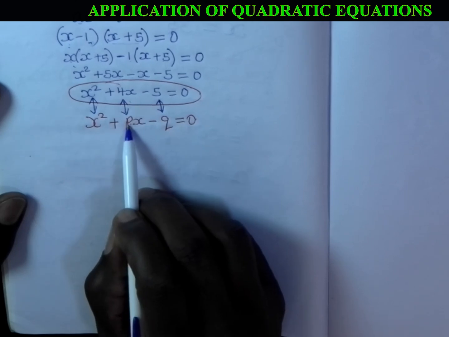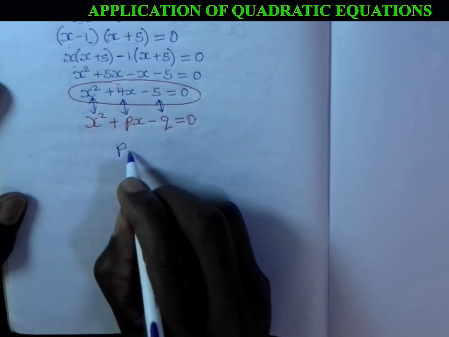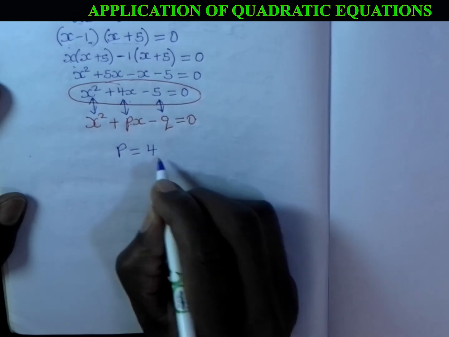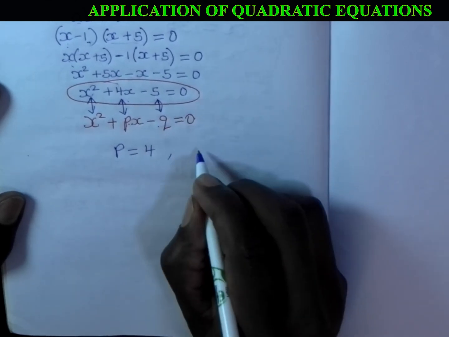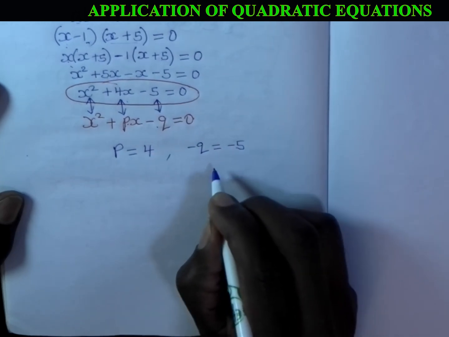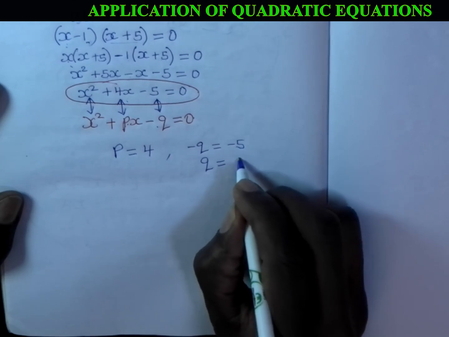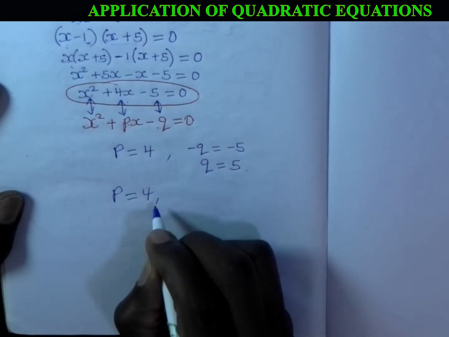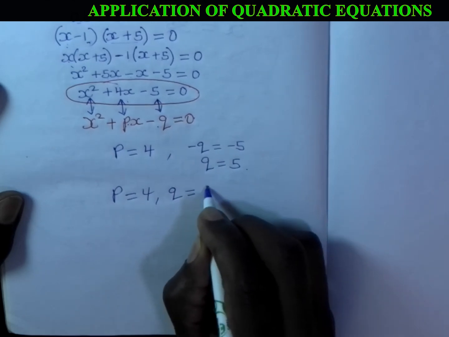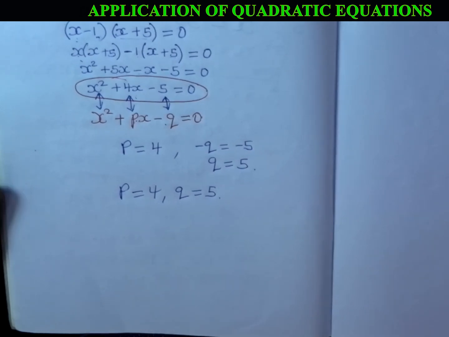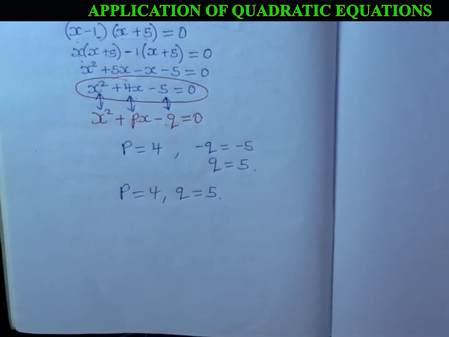In our case here, p will correspond to 4. The other one, we have minus q is equal to minus 5. Therefore, q is equal to 5. Therefore, p is 4 and q is 5. So that is it, and that's how we solve that particular question.